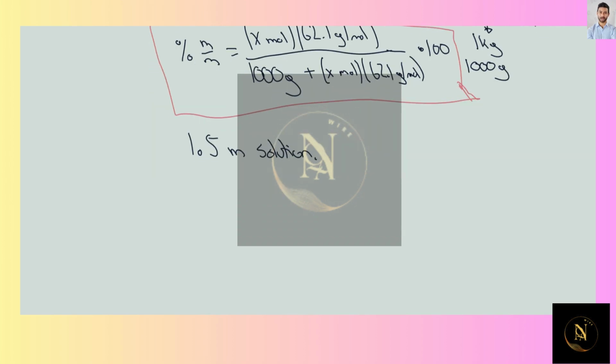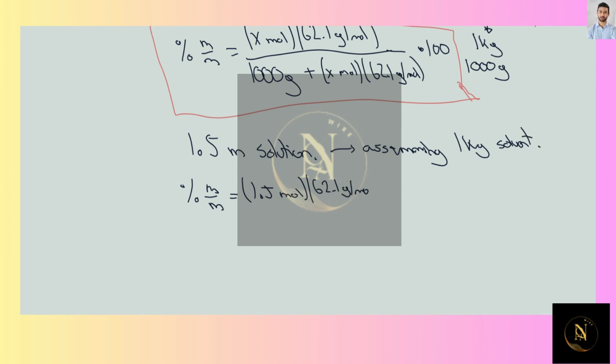For this solution, the percent mass over mass is going to look like 1.5 mole, because we're assuming 1 kilogram of solvent, multiplied by 62.1 grams per mole, divided by 1000 grams plus 1.5 times 62.1 grams per mole, times 100.